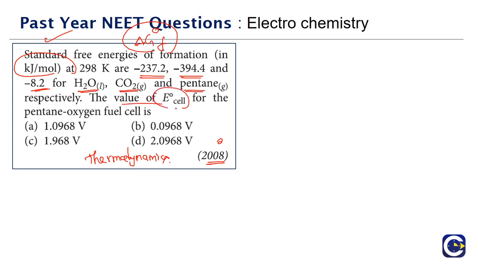The value of E naught cell for the pentane oxygen fuel cell is, what do you mean by the pentane oxygen fuel cell? It's basically the pentane that is undergoing the reaction with oxygen, not the combustion. Combustion is what happens outside, it's happening inside the fuel cell. And we need to find what is the E naught value for the particular pentane oxygen fuel cell.